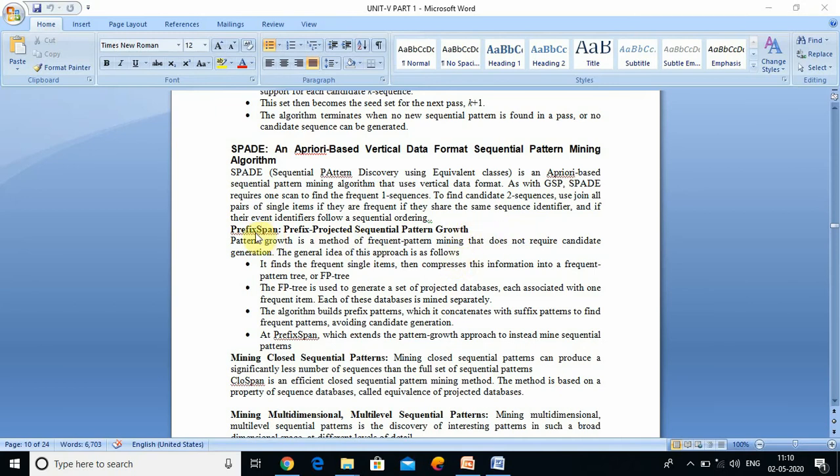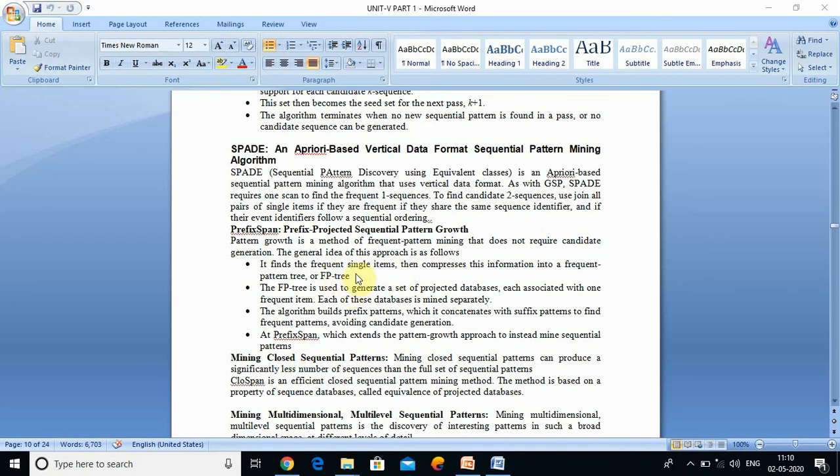Next is PrefixSpan. Prefix projected sequential pattern growth is a pattern growth method of frequent pattern mining that does not require candidate generation. The general idea of this approach is as follows. It finds the frequent single items, then compresses this information into a frequent pattern tree or FP tree.